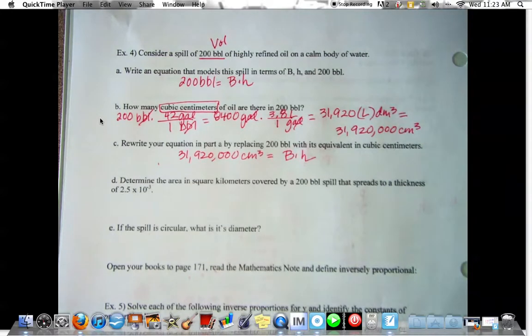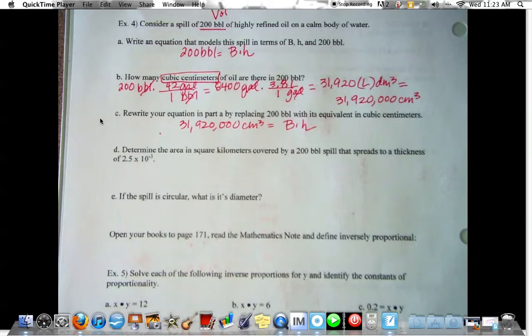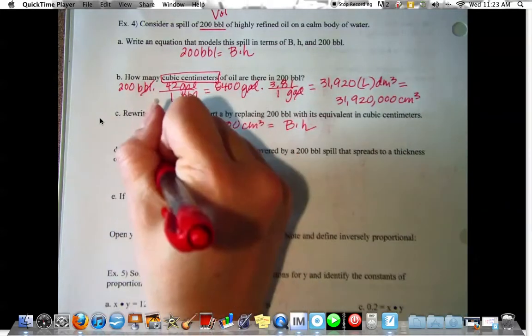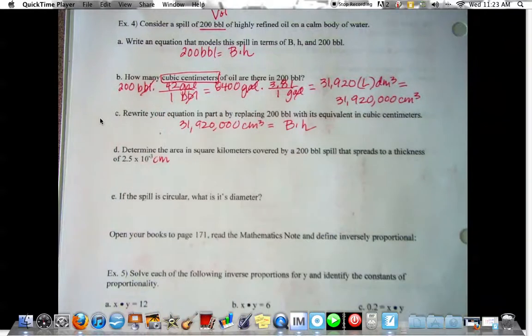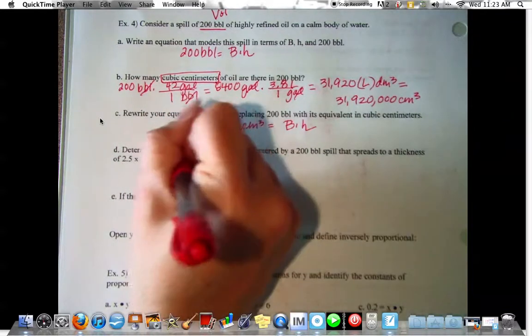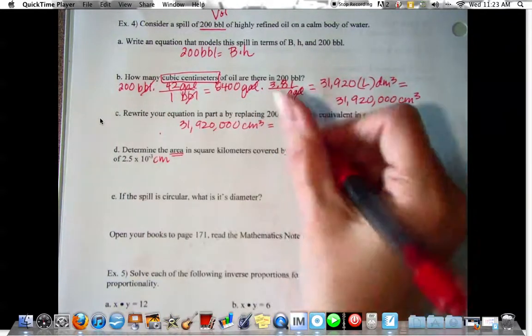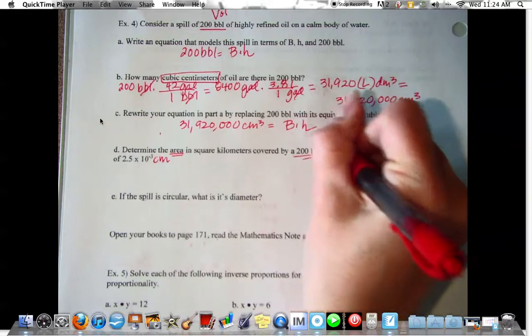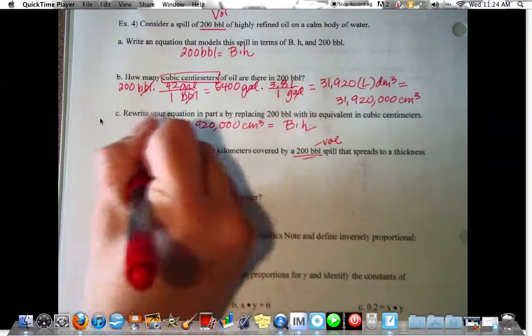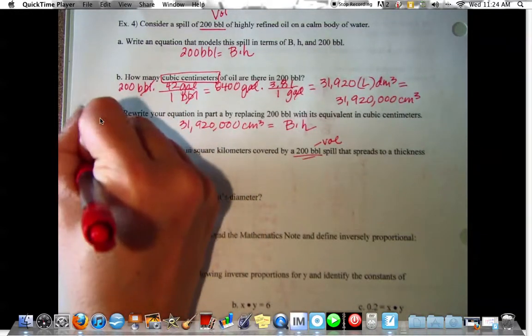D, determine the area in square kilometers covered by a 200 barrel spill that spreads to a thickness of 2.5 times 10 to the negative 3 centimeters. So we need to find area. We have volume and we have thickness, or height.